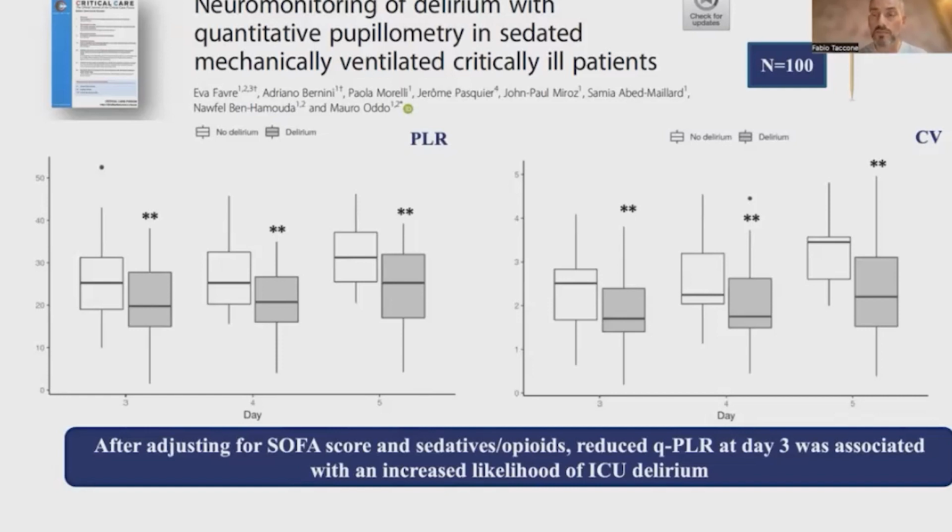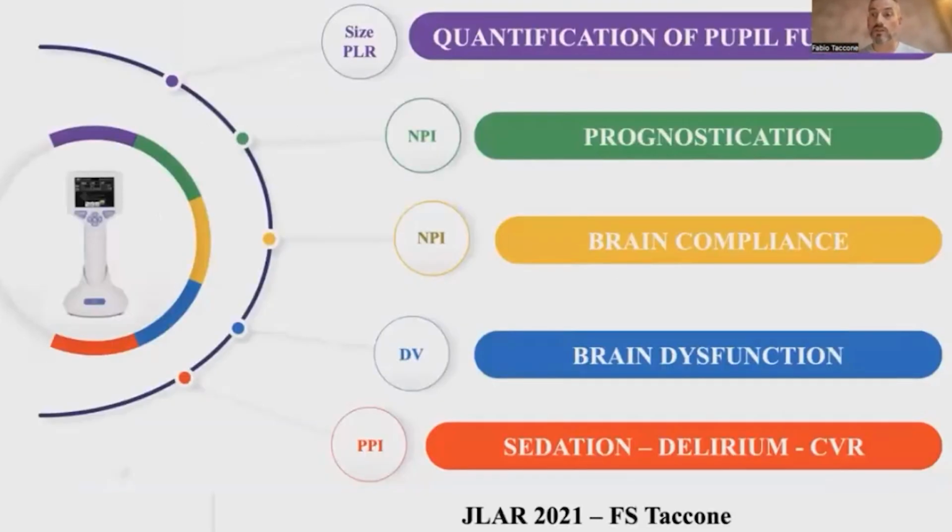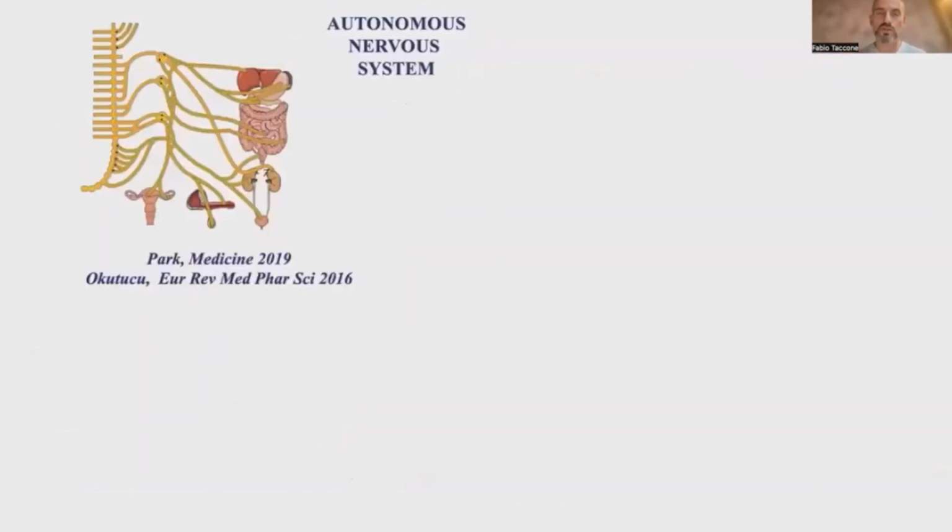It was an independent predictor, corrected and adjusted for the severity of disease, SOFA score, and the use of sedatives. So it might be, again, this pupillometry, because of the connection between the pathways controlling pupillary function, activity to the light and cortical pathways, a surrogate to assess patients at risk of developing this kind of complication. So in the future, maybe even sedation could potentially be titrated using pupillometry, but again, these are areas in which we need more research.